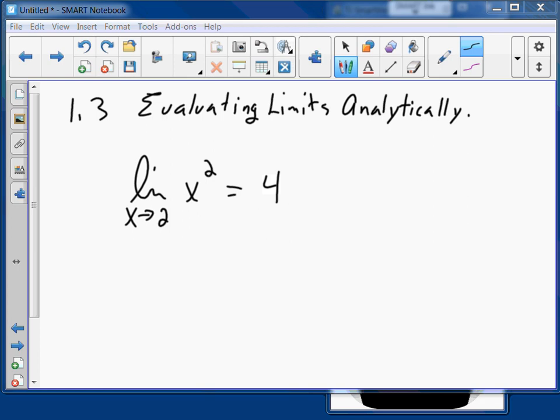But if we had the limit as x approaches 2 of 1 over x squared minus 4, you can't do a direct substitution here, can you? Because you get division by 0. This is where you would do something else.